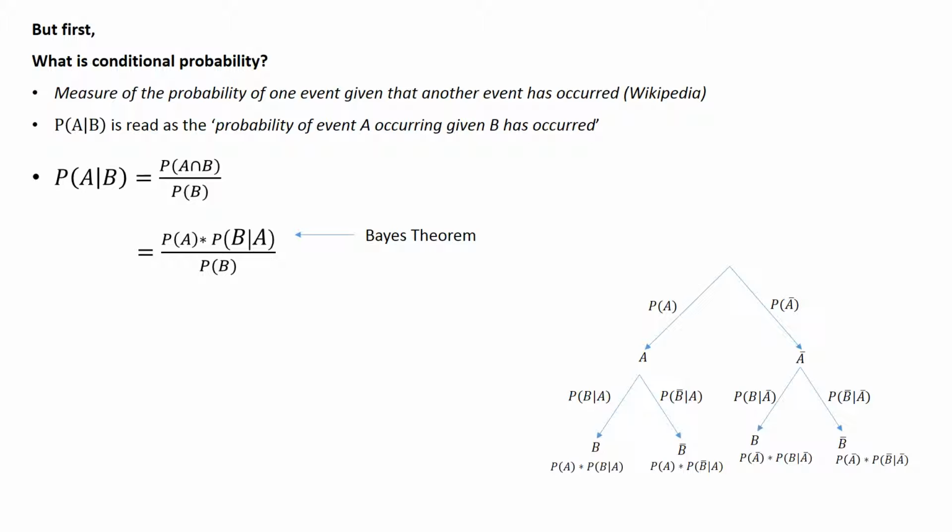We get probability of B either when A has occurred or A has not occurred, which is the sum of these two terms: probability of B given A multiplied with probability of A, plus probability of B given A has not occurred multiplied with probability of A complement.